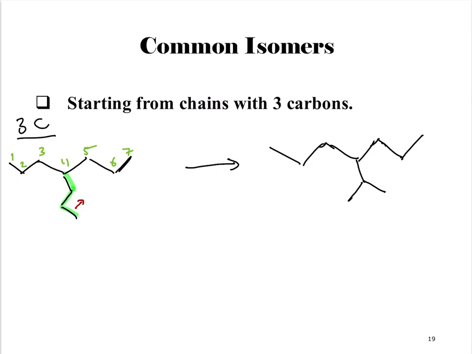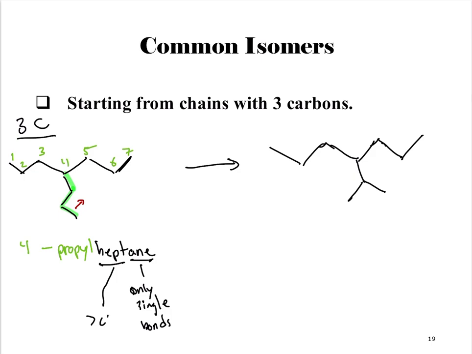So it's on the 4th carbon, so we put a 4 to indicate what carbon the group is on. Propyl. And then the name of the chain for this molecule is going to be what? Heptane, right? Because it's 7 carbons, so it's hept, and then ane because this is only single bonds. Hept because there's 7 carbons in the parent chain.